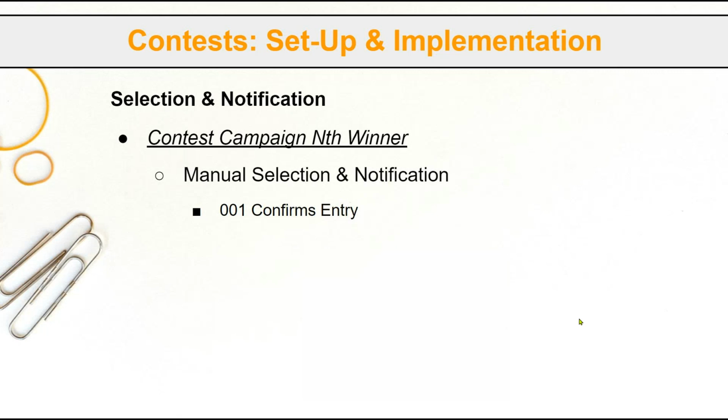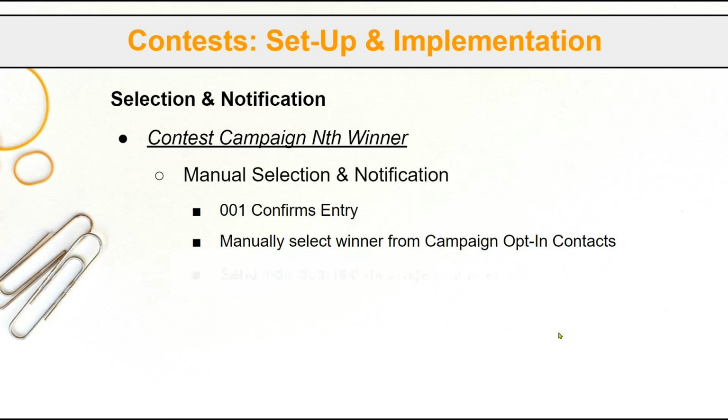In a manual selection for the nth winner, as said before, you're going to manually select the winner from the campaign's opt-in contacts and send a text message notifying the winner that they were selected manually.